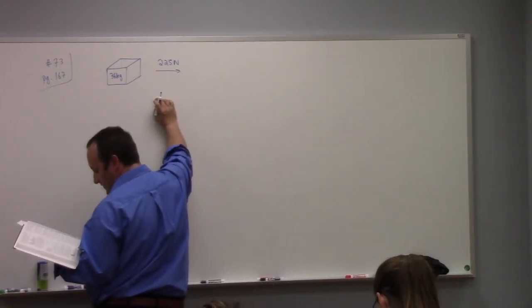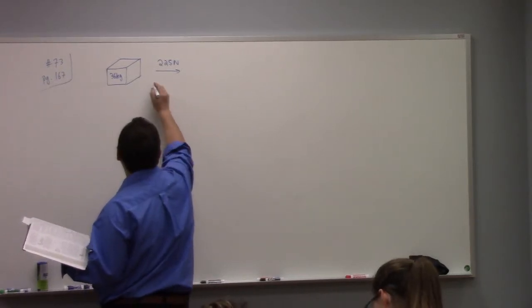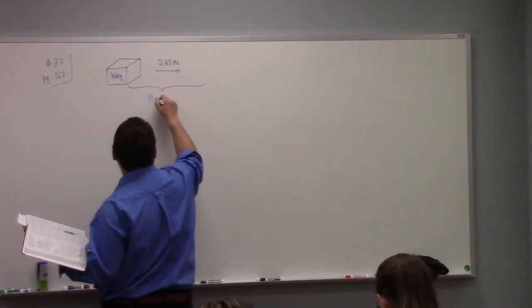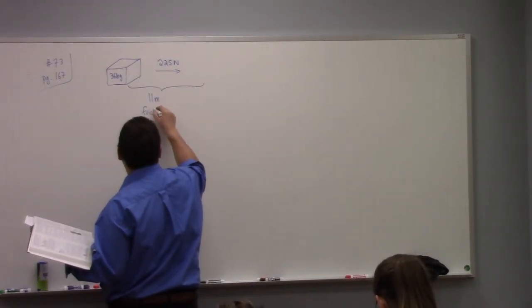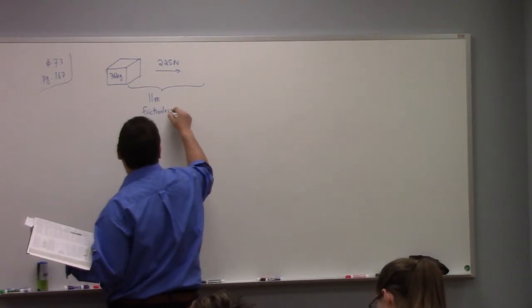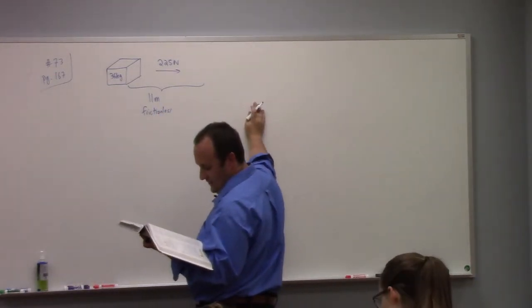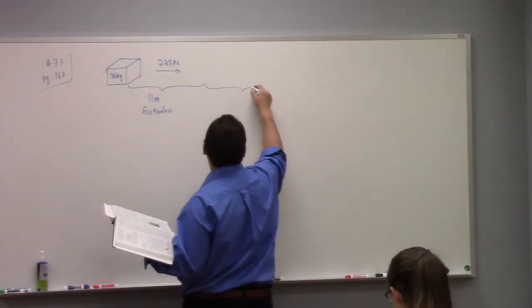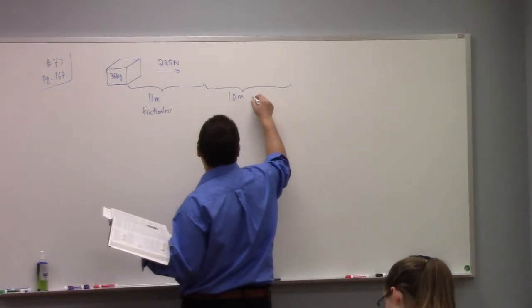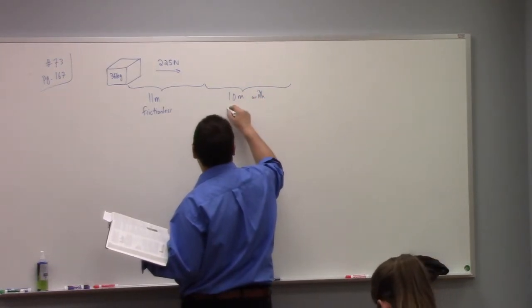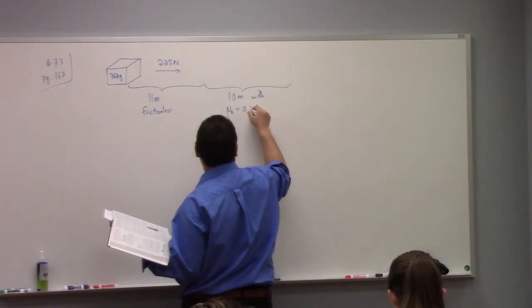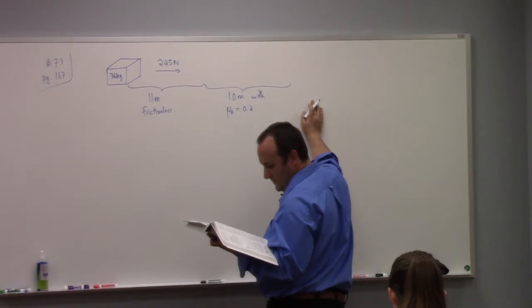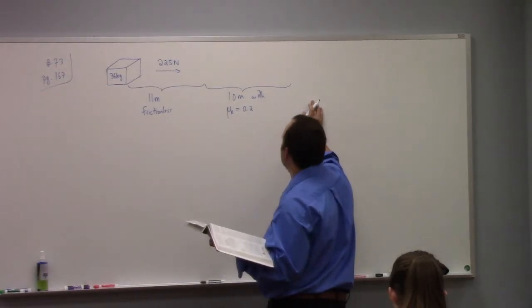For the first 11 meters, the floor is frictionless. And then for the next 10 meters, the coefficient of friction is 0.2. The question is, what is the final speed of the crate after being pulled these 21 meters?